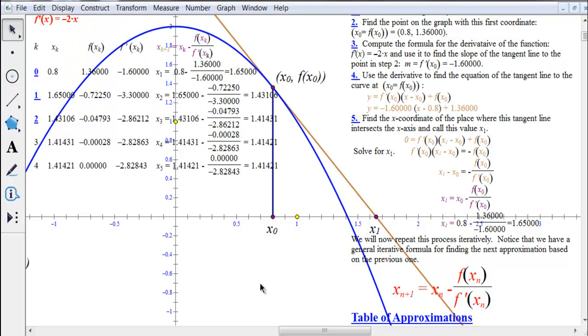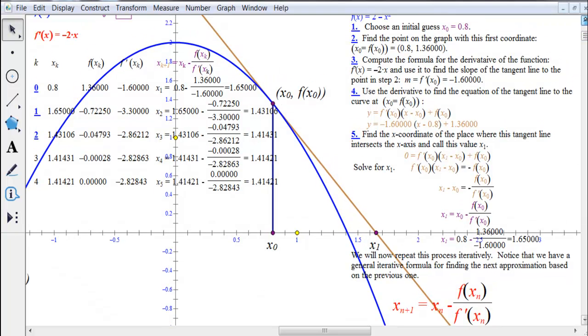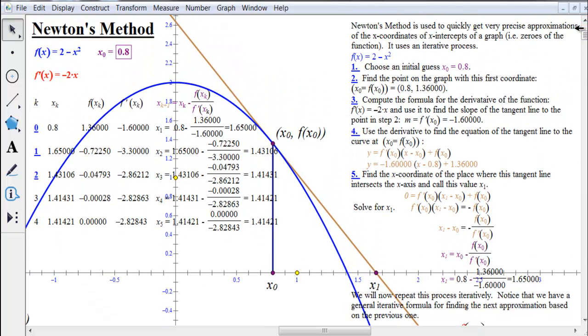So here are some values worked out, and this will also show us some of the steps again. Okay, so look here what we have. Our first guess is 0.8. We find f of that, which is 1.36, which is the y value of this point right there, where it touches the curve.